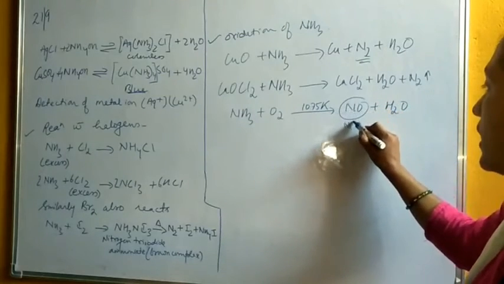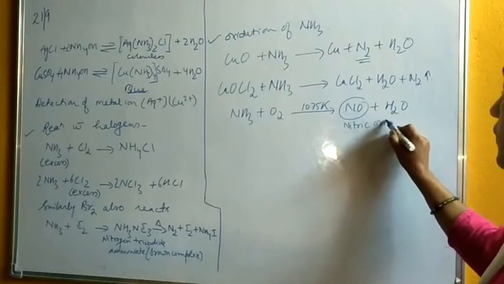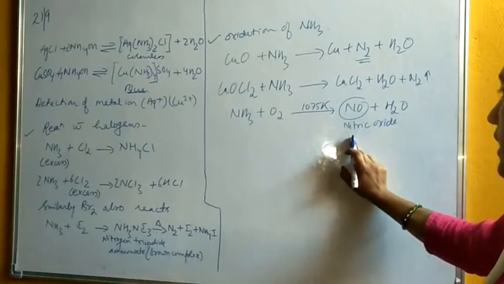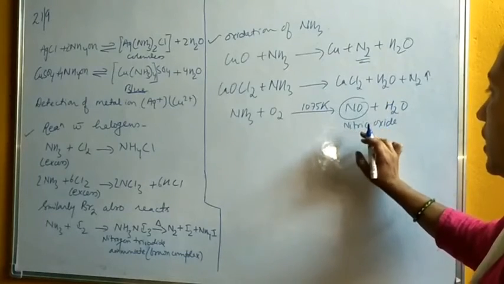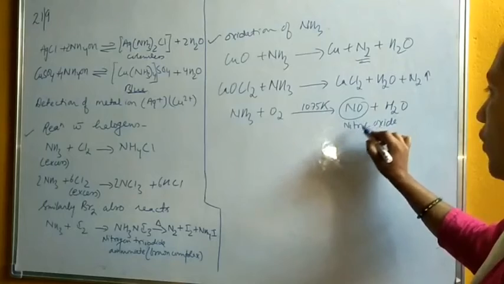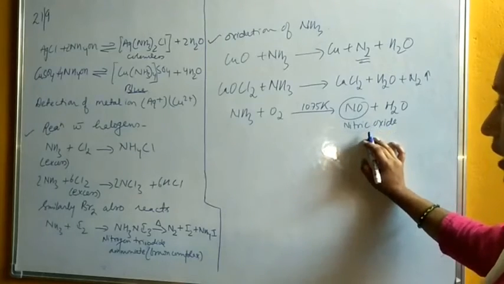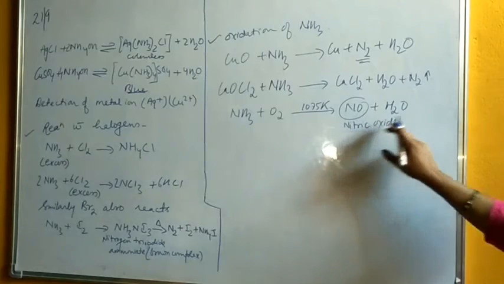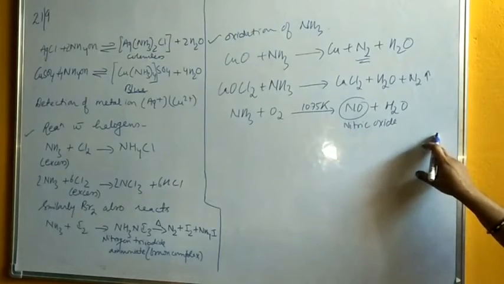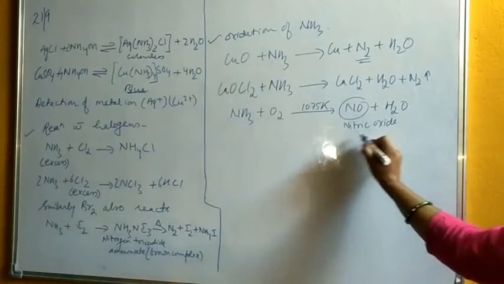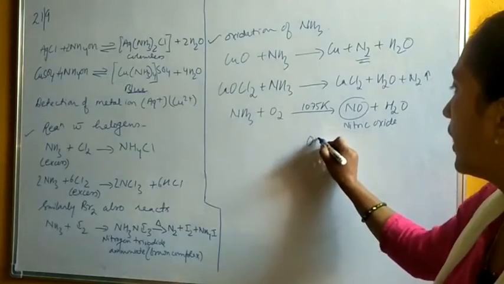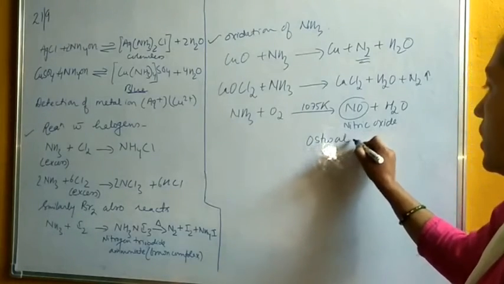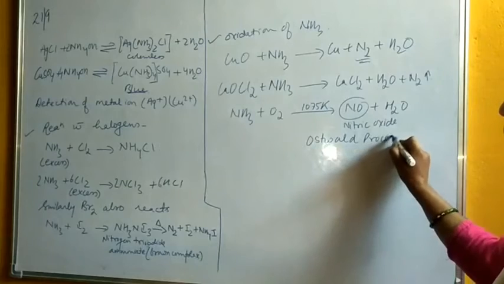Now the nitric oxide is a product formed during the Ostwald process, usually used for the manufacture of nitric acid. So nitric oxide is required during the Ostwald process for the manufacture of nitric acid.